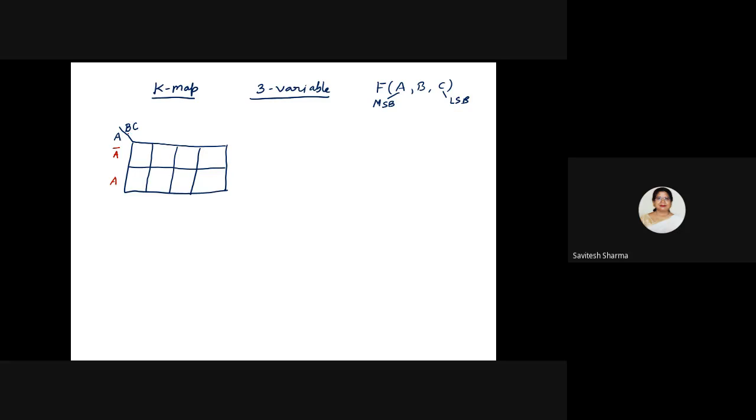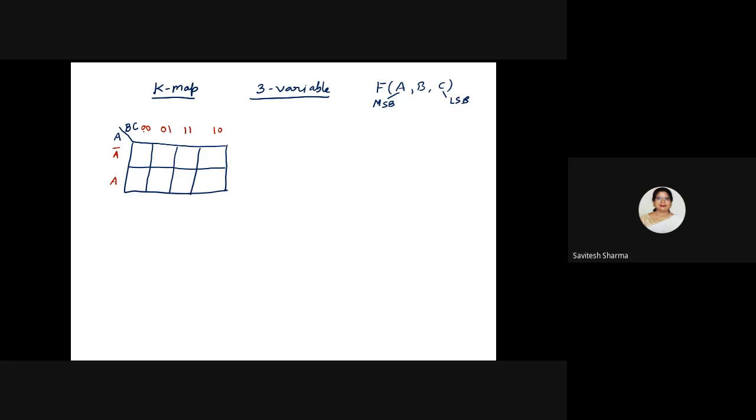For BC you will write the sequence. The combination will be 0 0, 0 1, 1 1 and 1 0. I am not taking the binary sequence 0, 1, 2, 3. I am taking 0, 1, 3, 2.